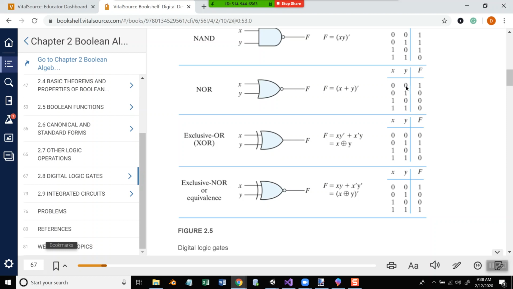So like 0 plus 0 for normal OR is addition. 0 plus 0 is 0. Negating that will give you 1. 0 plus 1 is 1. Take a negation of it, 0. 1 plus 0 is 1. Take a negation of it, 0. 1 plus 1 is 2. Remember, 1 plus 1 is 1, and then negation of 1 is 0.